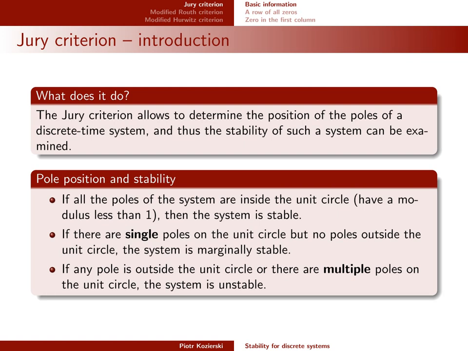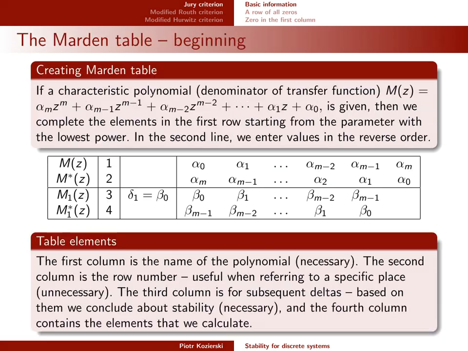However, if any pole on the unit circle is multiple, then such a system is already unstable, even if it has no poles outside the unit circle. It is necessary to know these dependencies because based on the position of the poles, we will determine what system we are dealing with: stable, unstable, or marginally stable.